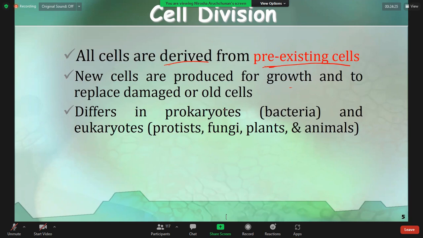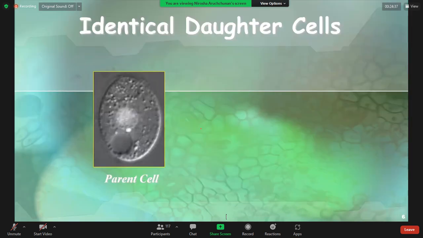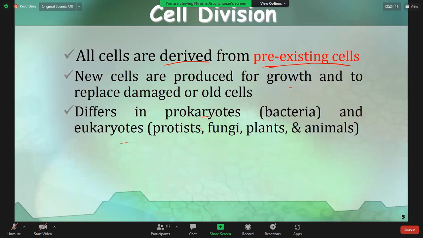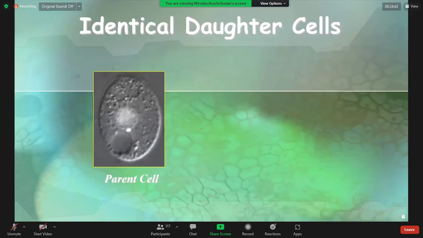Cell division differs in prokaryotes and eukaryotes. We will discuss how prokaryote cell division and eukaryote cell division happen. You also mentioned production of identical cells. What does identical cell mean?